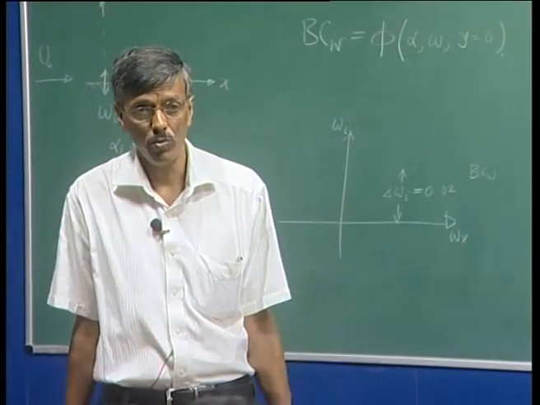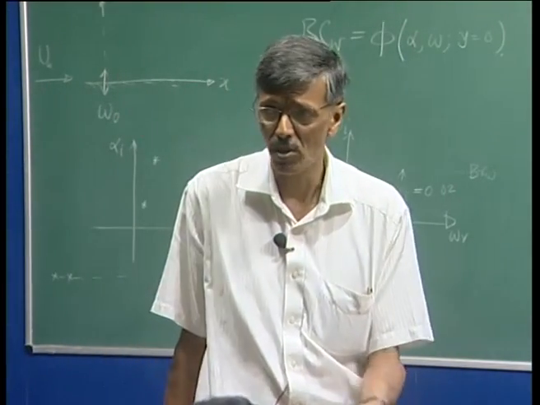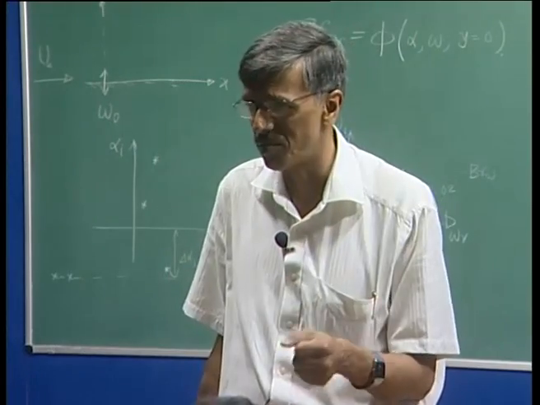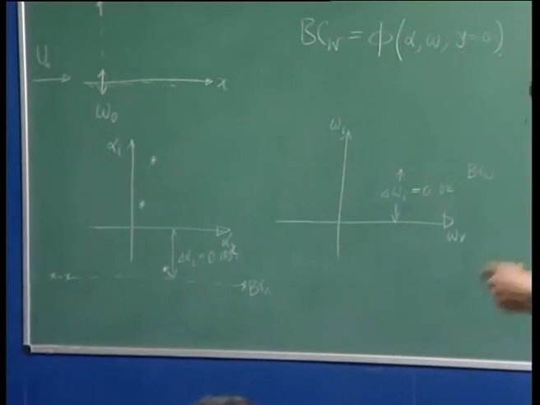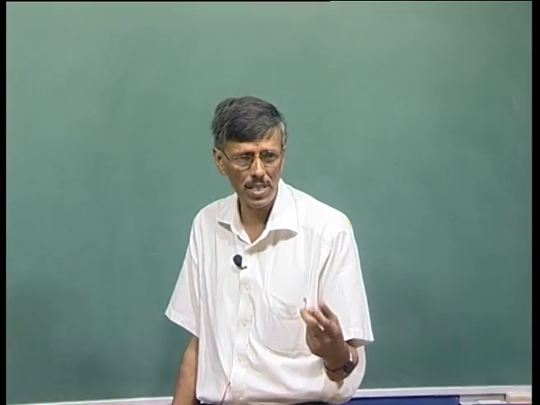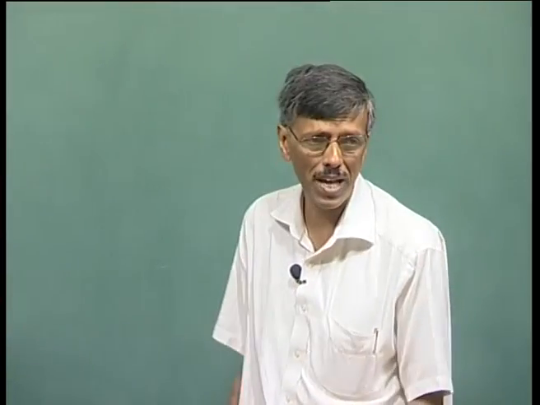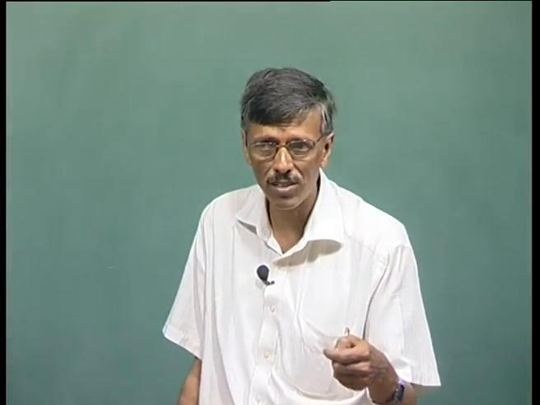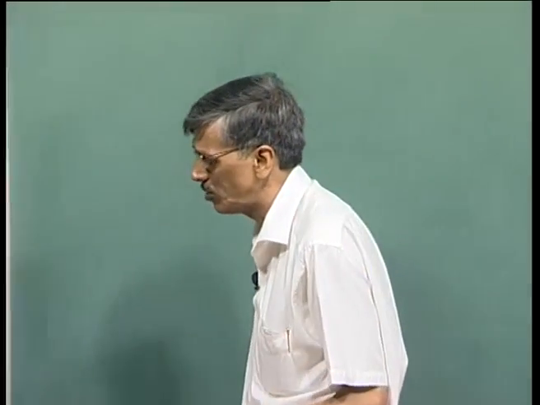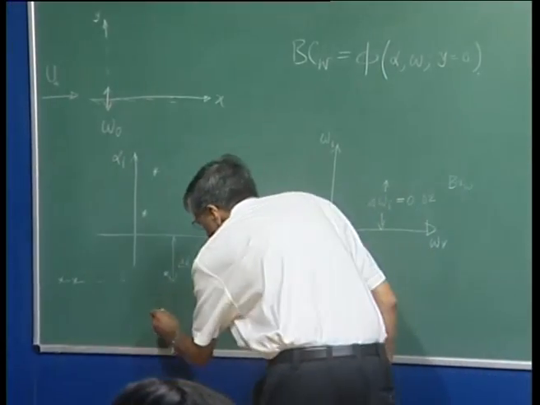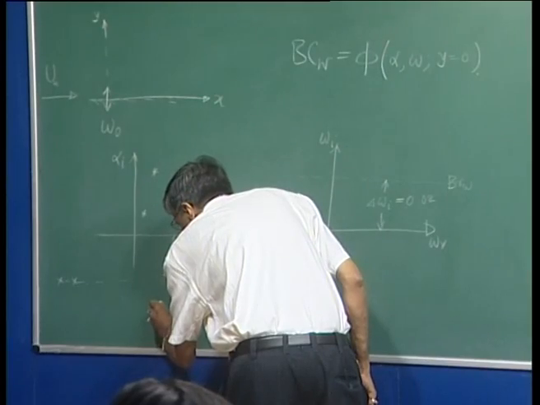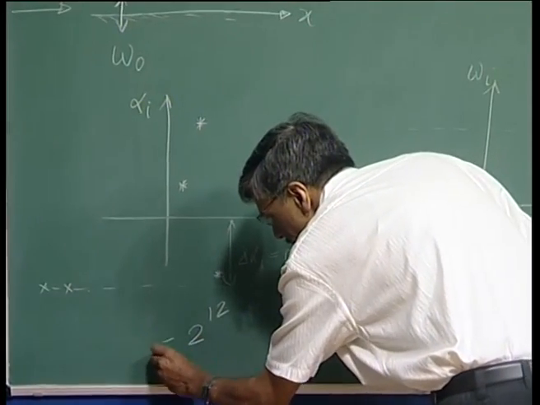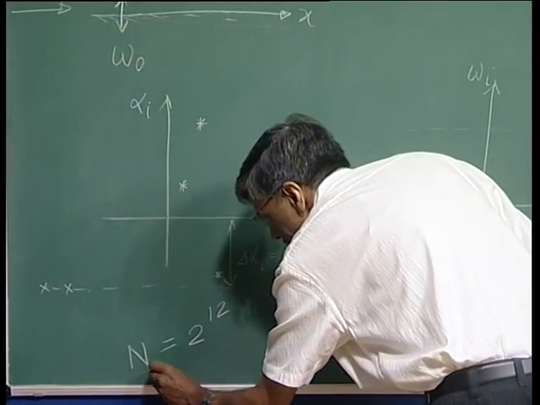and in that interval we take the number of points to be 2 to the power something, right? Because we want to do a very good quality FFT, we want to take FFT with radix 2, and here we take 2 to the power 12 points. So let me call this the number of points in the alpha plane.